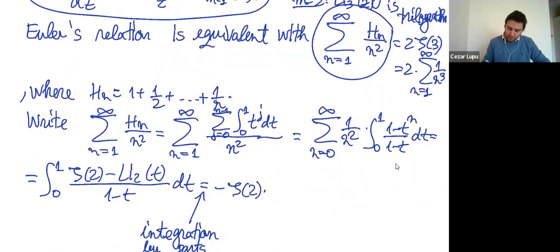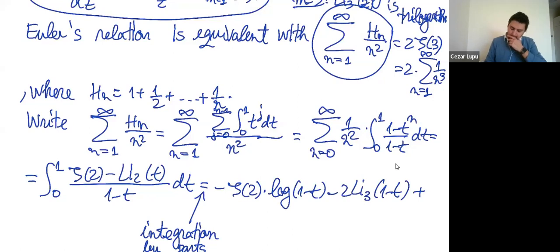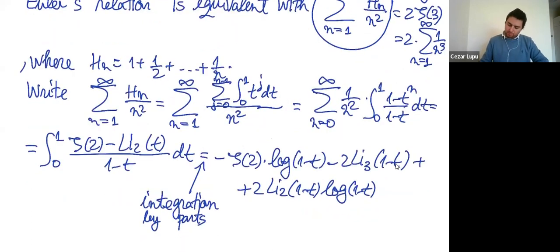This would be zeta of 2 times log of 1 minus t minus 2 trilogarithm of 1 minus t, right? Plus, let's see, what do we have? Plus 2 dilogarithm of 1 minus t log of 1 minus t. Please correct me if I'm making mistakes.